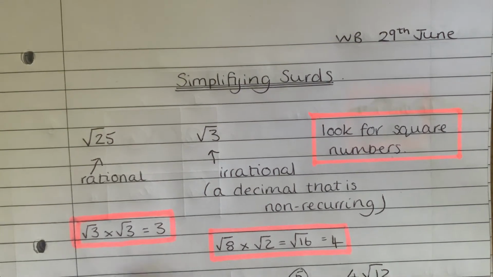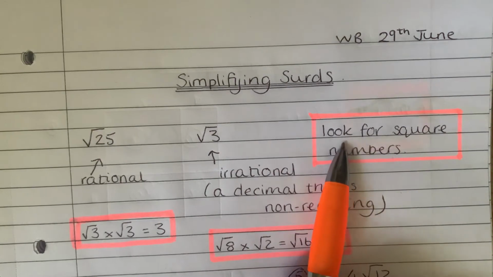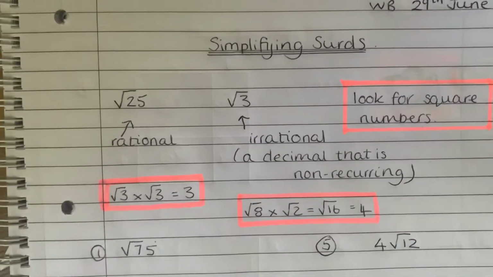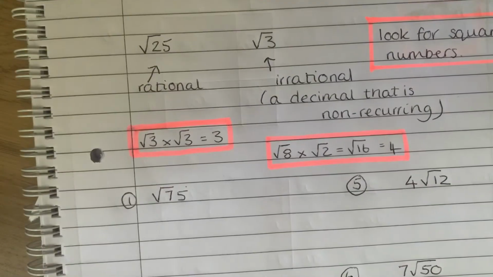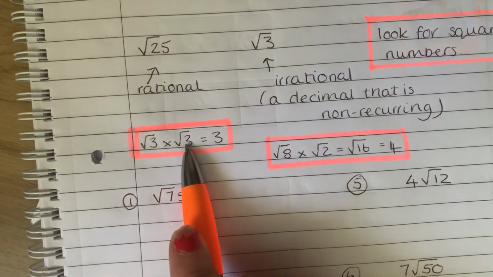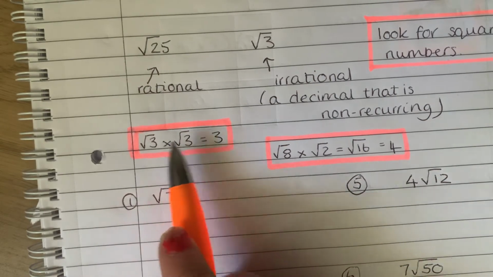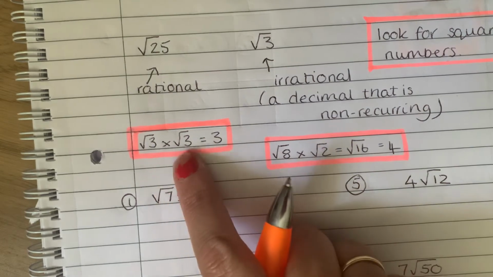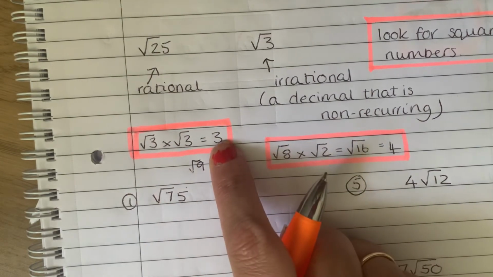Now your top tip here is looking for square numbers when we're simplifying. We'll refer back to that in a minute. Now the rule of surds is when you multiply them, root 3 times root 3 is root 9. So that means root 3 times root 3 is 3.